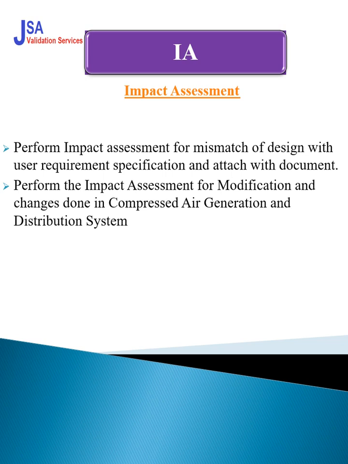Suppose you already have a compressed air system and now you are going to upgrade it. So what is the impact on the design, the user requirement specification, or other documents? Suppose you already have a distribution system in place and you are going to upgrade your generation system or dryer. So what is the impact on that user requirement?